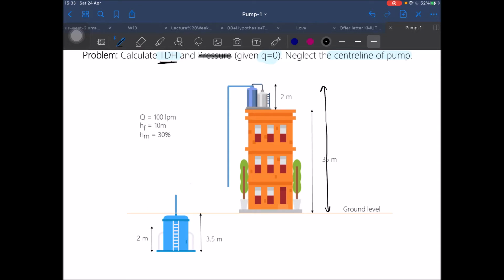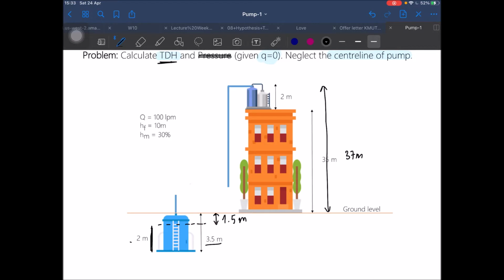This is the water level, the surface water level here. So it's going to be something like this. This is 1.5. This is 37 meters. Am I right? 3 minus this one. Okay, so now we have the total static head.